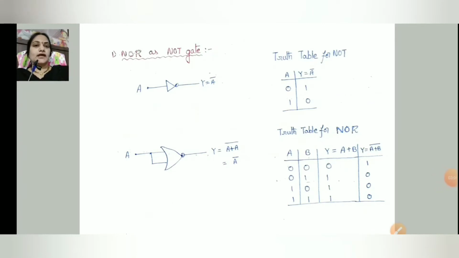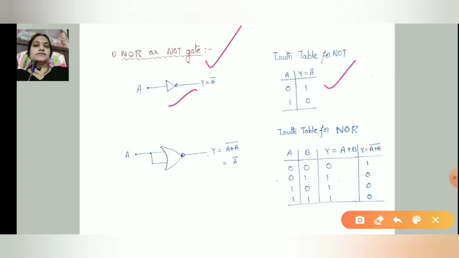Now, let us see how NOR gate acts as NOT gate. Okay, that is, how can we construct a NOT gate by using NOR gate. Okay, here is the NOT gate and it is the truth table for it. Okay, this NOT gate is also called as inverter. Why? Because if we give 0 means we can get the output 1, that is complement of the input. And when you will give input as 1, then we will get 0, just opposite to the input.